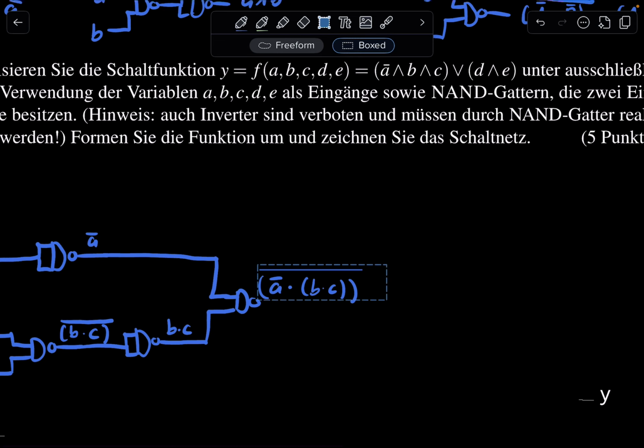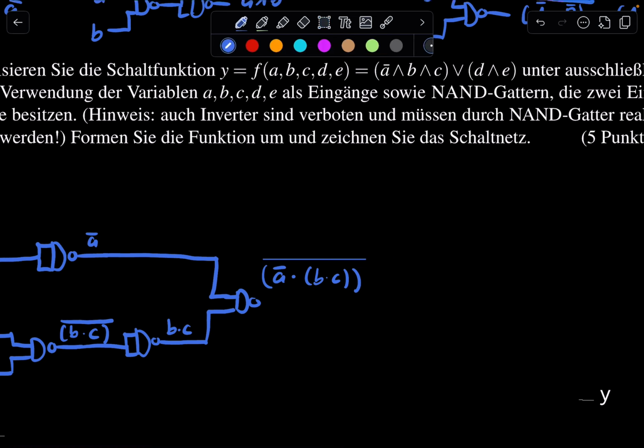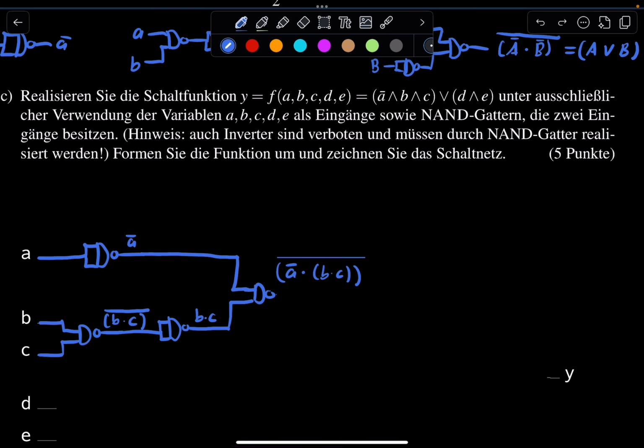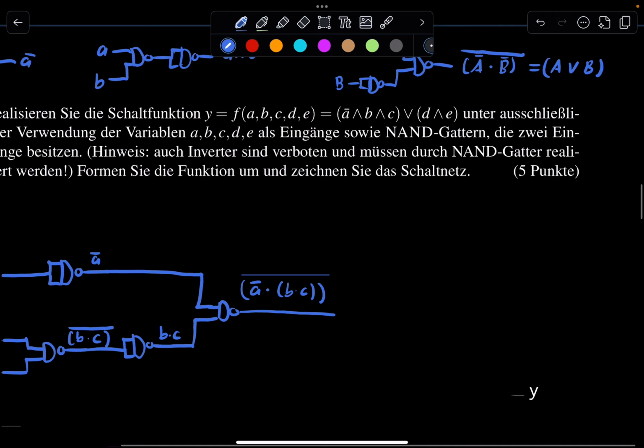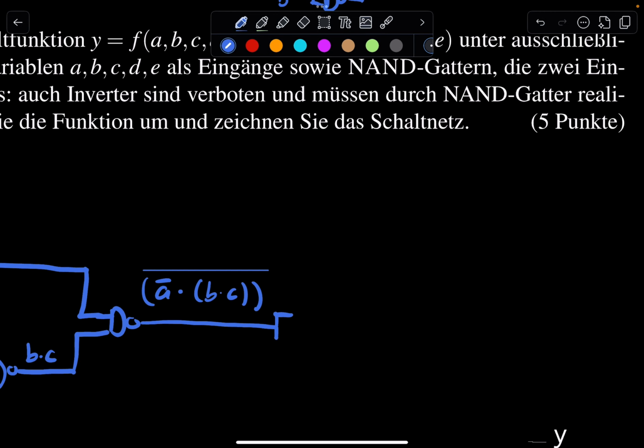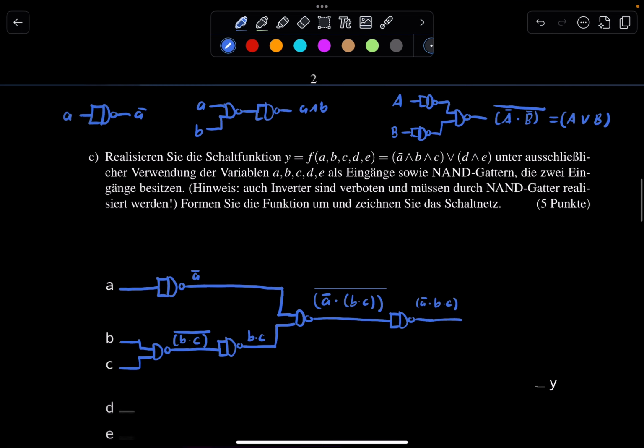I'm just gonna move this to the top. And now we'll just move this along. And we want this to be by itself, so we have to negate it as well. And now we'll have not A times B times C, right?